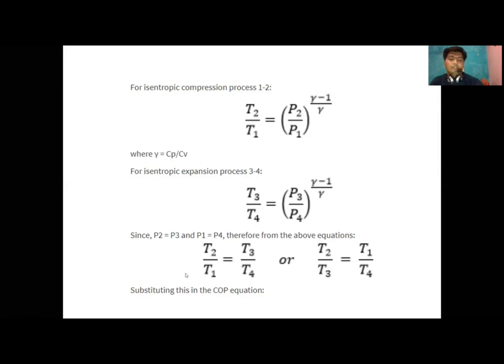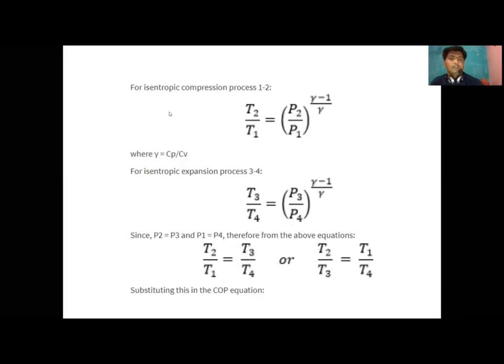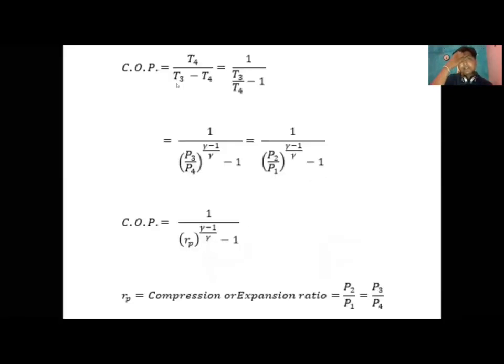Substitute these values in the COP equation. COP equals T4 divided by T3 minus T4, with T4 common. So 1 divided by (T3 by T4 minus 1). All other terms cancel because we used T2 by T3 equals T1 by T4.